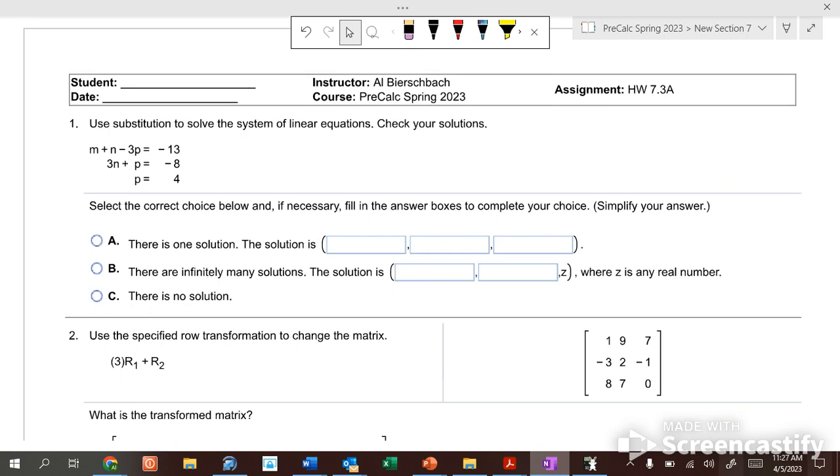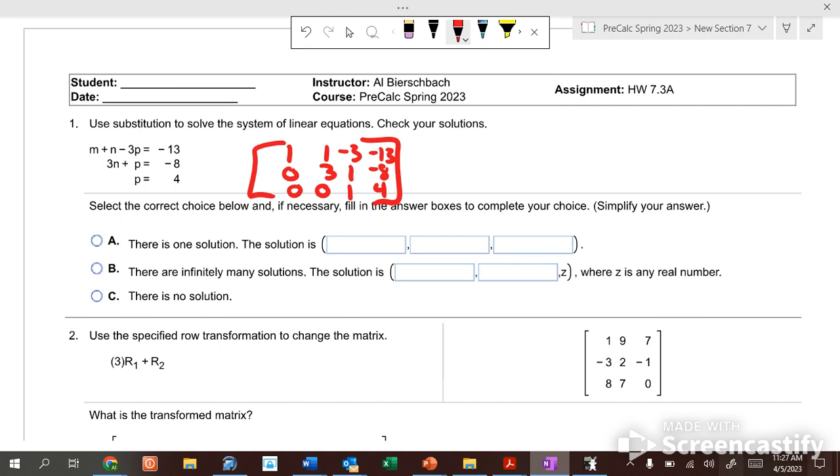Okay. Now, the matrix on this one is 1, 1, negative 3, negative 13, 0, 3, 1, negative 8, and 0, 0, 1, 4. So guess what? As we go down here, I have zeros here, which means I already have one of my solutions.